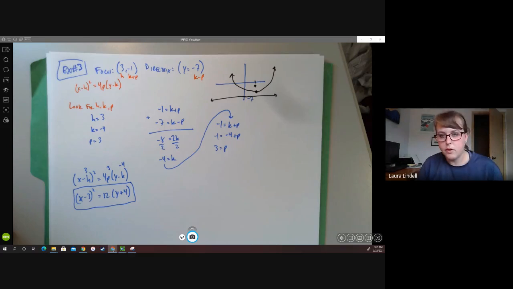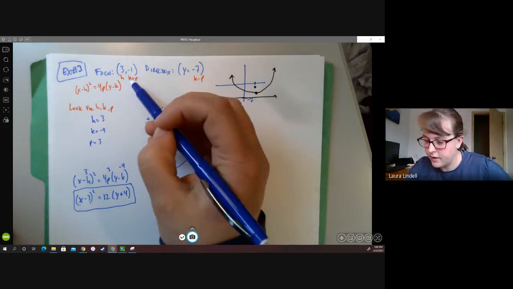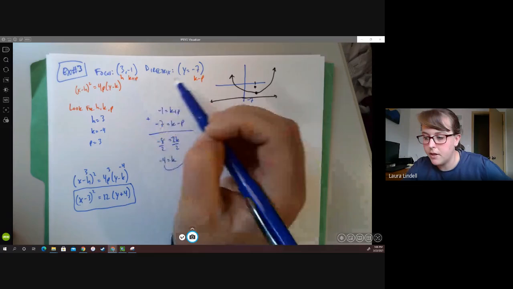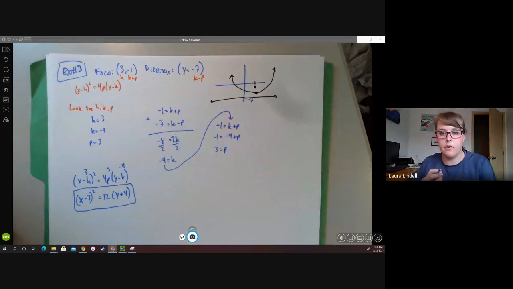A lot of this is just taking what you're given and writing the equations for the things like h, k, and p, or anything that involves h, k, and p, and then figuring out, okay, how can I solve for h, k, and p? What do I already have? What do I need to do to solve for them?